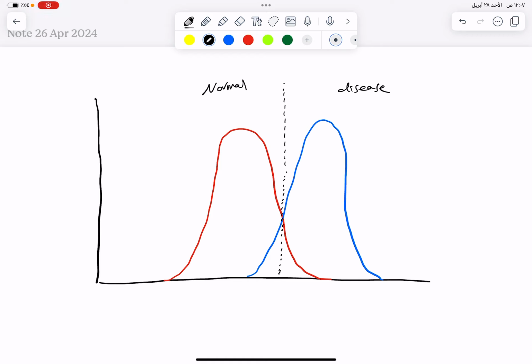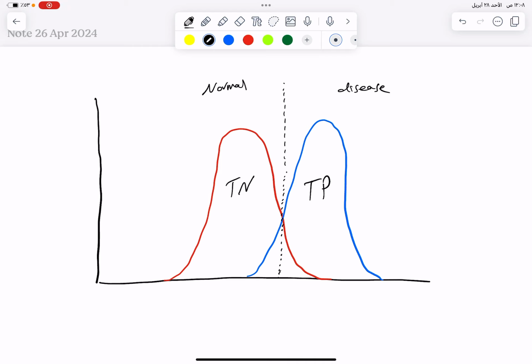Usually draw a diagram like that, and on the left side we put the normal individuals, and on the right side the disease individuals. The normal are true negative, since they don't have the disease, whereas the disease are true positive.